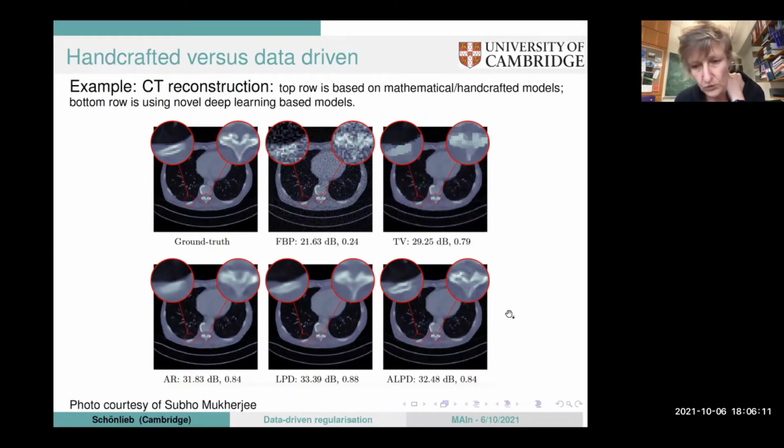And in the bottom row, without telling you exactly what this is, these are 3 different reconstructions with 3 different deep learning based approaches to solving this X-ray CT problem. And in all 3 cases, it's not just deep learning alone that solves the problem, but it's combined with mathematical modeling. And you can see that you can actually do a better job there.